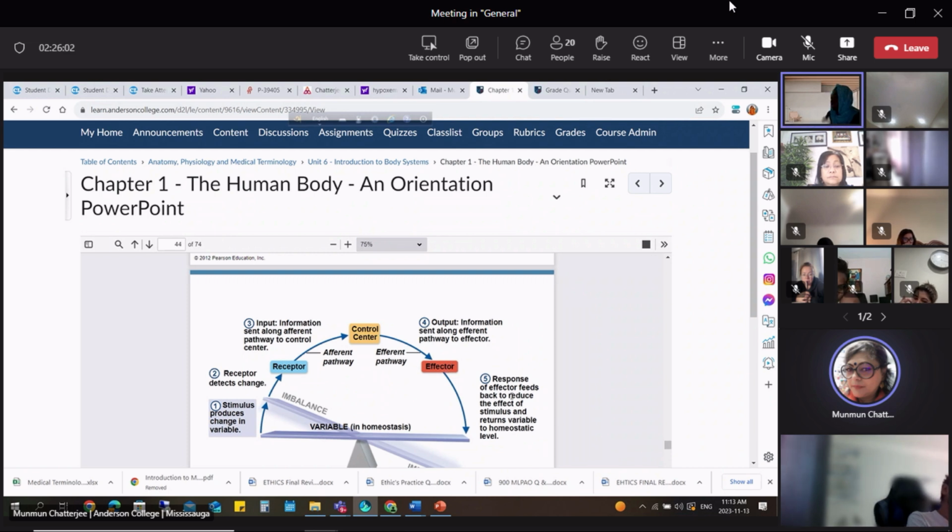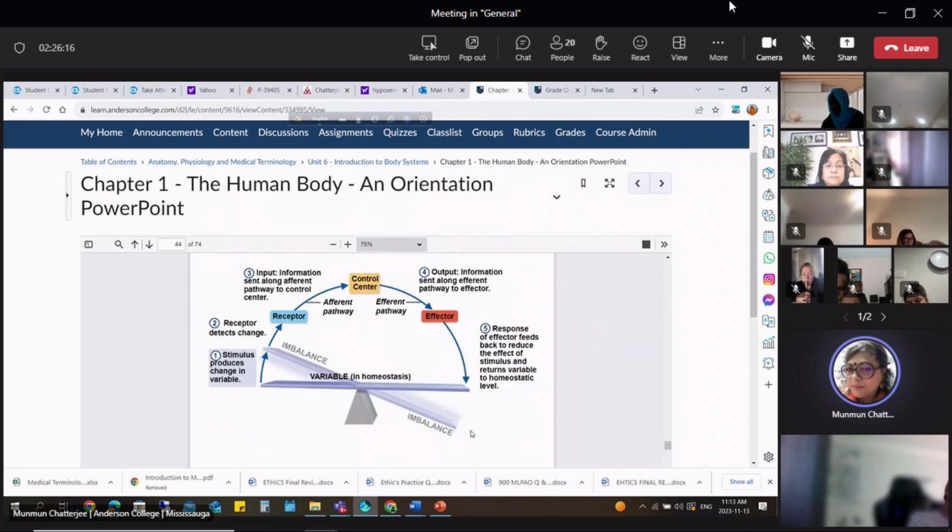Then they respond to the stimuli and come back to the normal balance level. That is homeostatic balance. And it's not just an example: every fraction of a second, balance and imbalance, balance and imbalance is going on in the body. You can see how complicated the system is. Nobody can generate a human body.